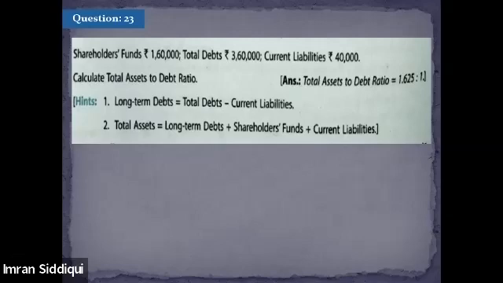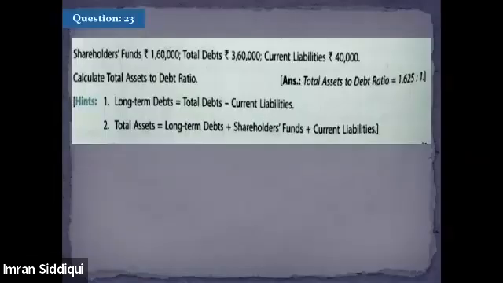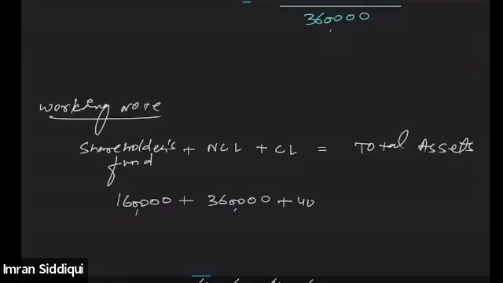And total debt is also there. Total debt means non-current liabilities given, 3,60,000. And current liability is also given, 40,000. So if we add these values, we get the value of the total asset.